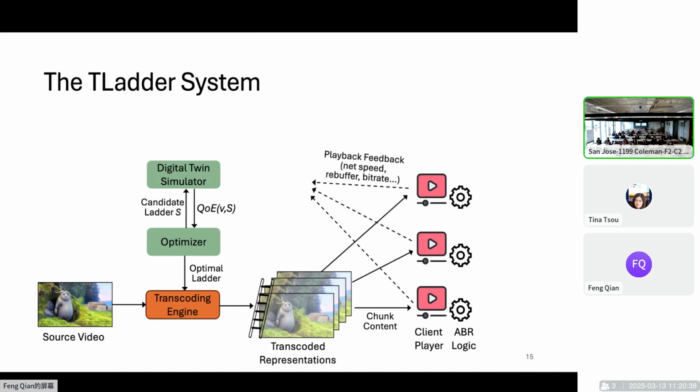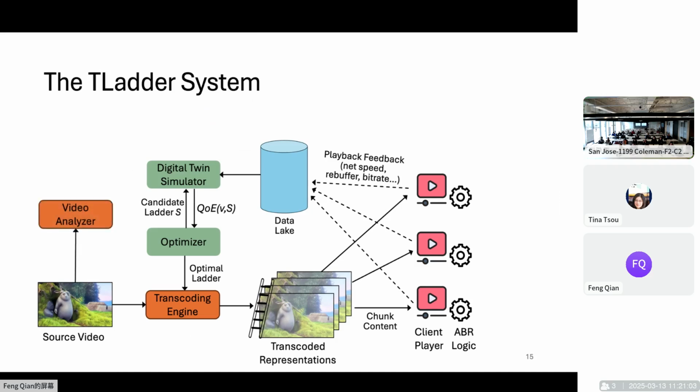Meanwhile, remember we use a big data driven approach. These client players also upload playback feedback data like network speed, rebuffering, and bitrate. This data is processed at our data lake, and the data lake provides such big data to the simulator to produce the QE metric.